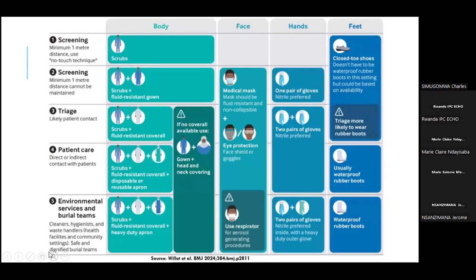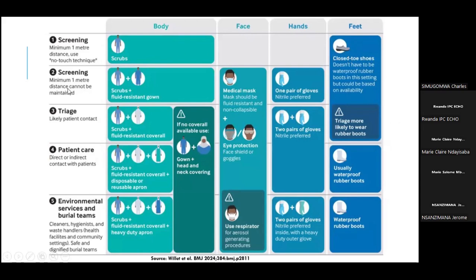So here is now the table to go with those numbers. As I've said, if we can keep 1 meter apart during screening, the person can put on the scrub and the crossed two shoes.